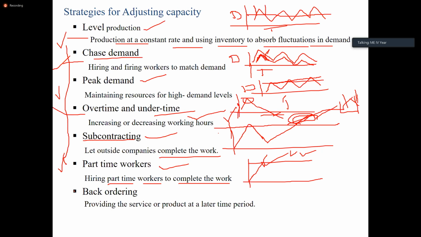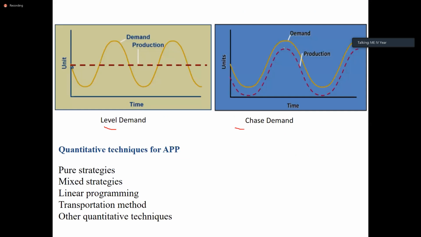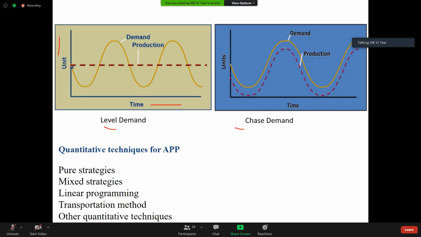Back ordering: providing the service or product at a later time period. I already explained what is level demand and chase demand. In level demand, time is the x-axis and units of demand is the y-axis.